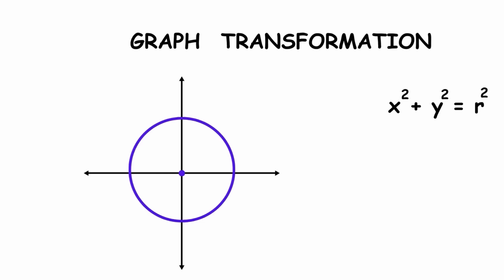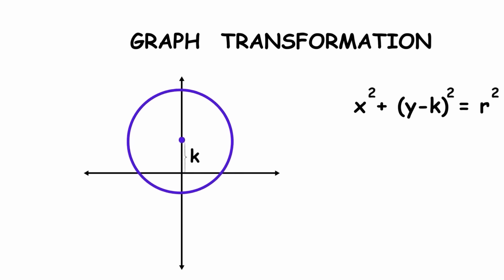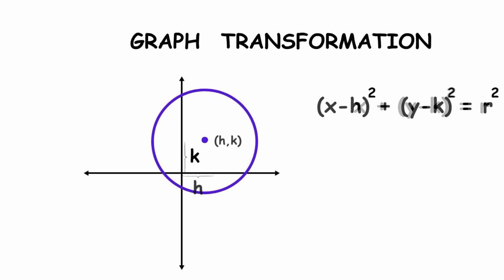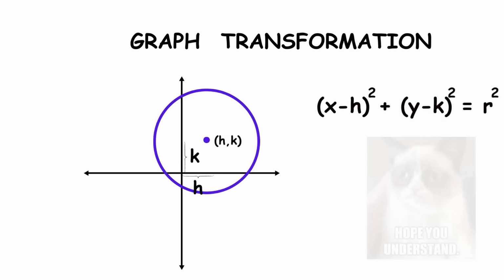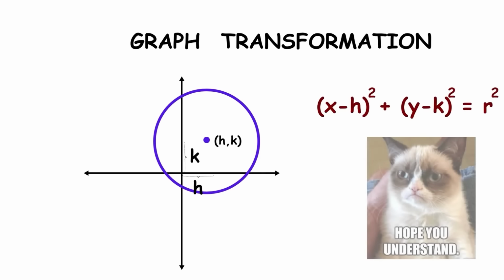Similarly, replacing y with y minus k shifts the graph k units upward. So, to center the circle at the point (h, k), we just have to use the following equation: quantity x minus h squared plus quantity y minus k squared equals r squared.